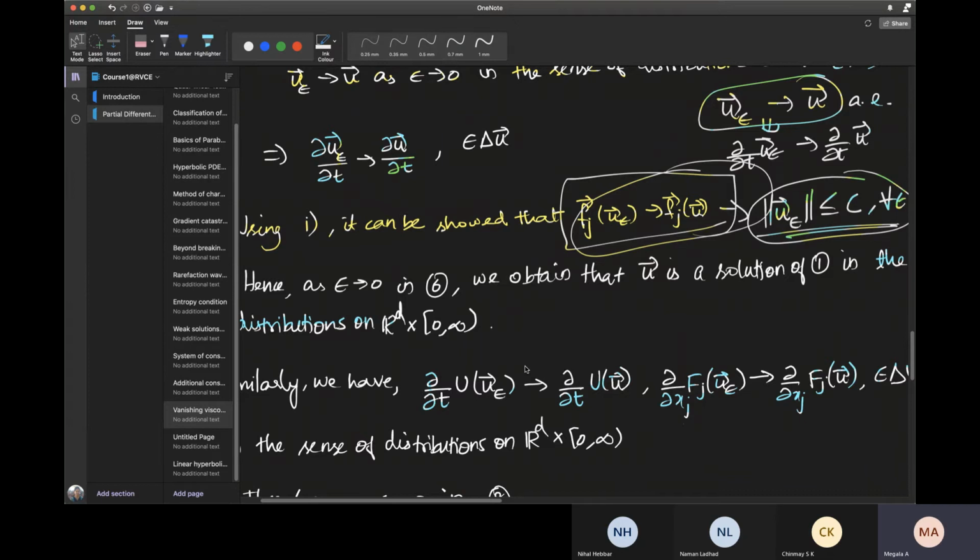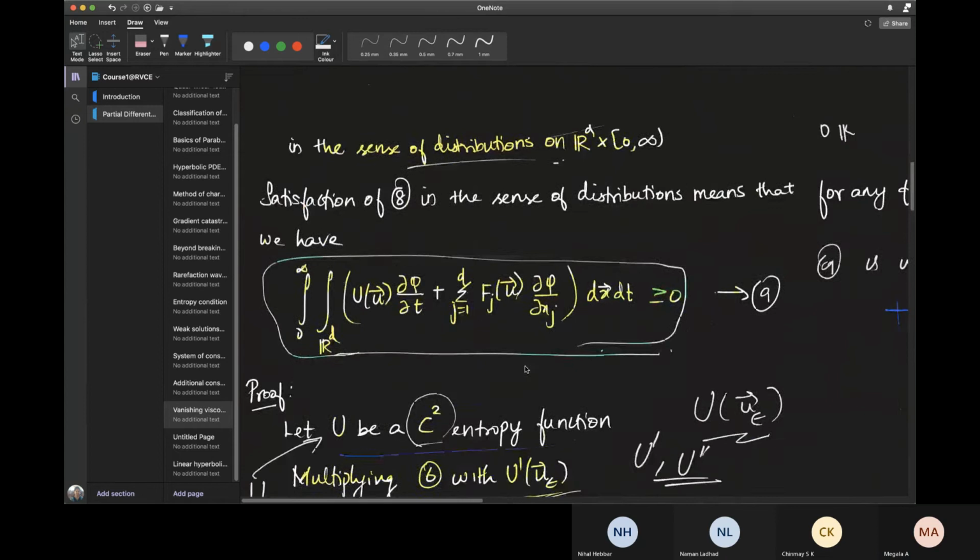So all classical solutions of the epsilon viscous PDE approach the weak solutions of the original PDE. This is the takeaway from all the arguments we have made till now.